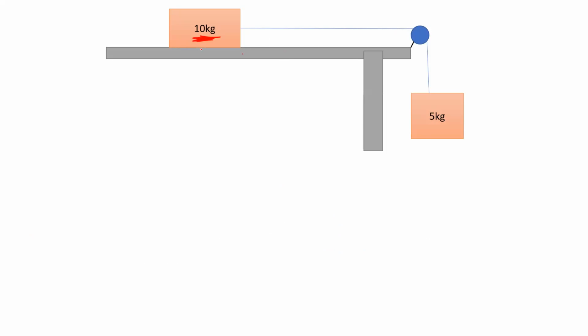If this block is allowed to move freely, therefore this block as well will move freely, and it will cause the 5 kilogram block to move downwards and the 10 kilogram block to move towards the right side.